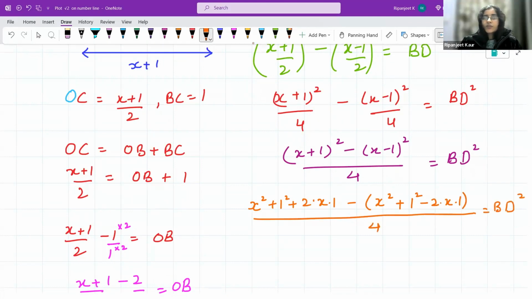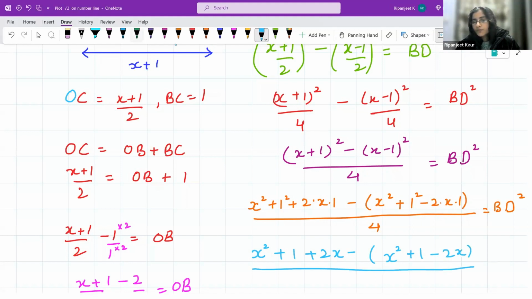Alright, now see, outside this bracket, there is a negative symbol. So when there is a negative symbol, it changes the sign inside, right? So x squared plus 1 squared means 1. 2 into x into 1 is plus 2x. Minus, again x squared as it is. Plus 1 as it is. Minus 2x over 4. Right? Equals BD squared. Great.